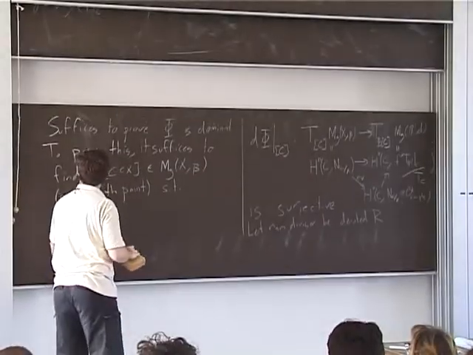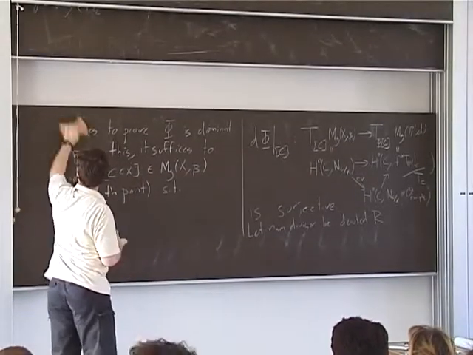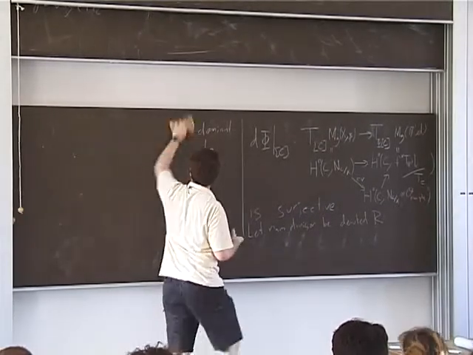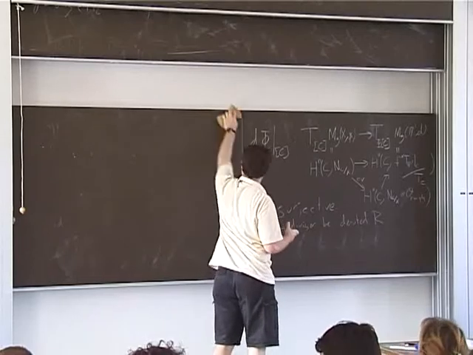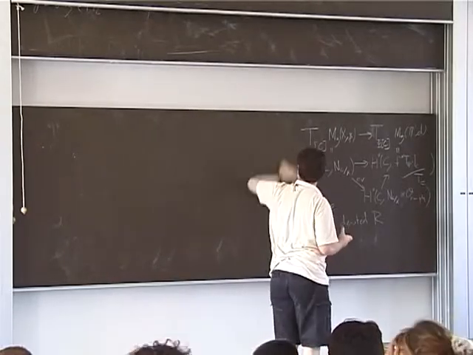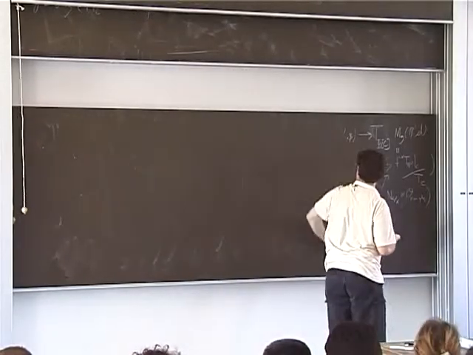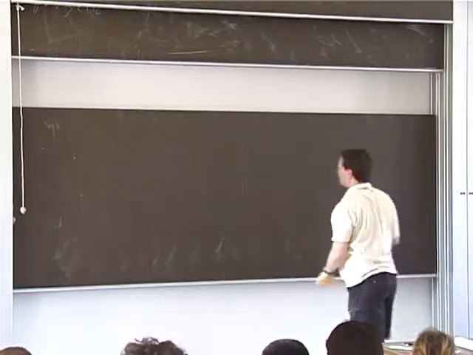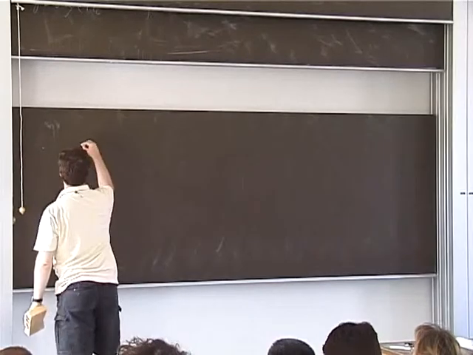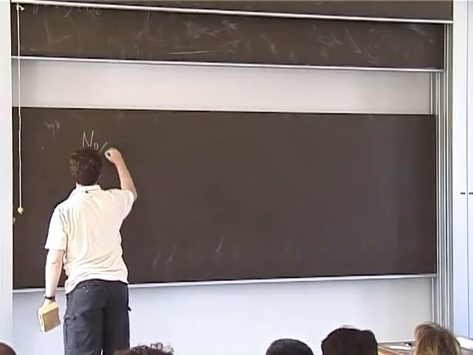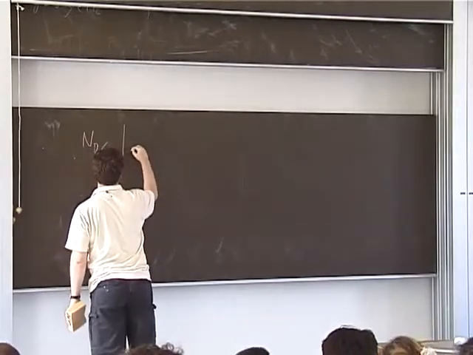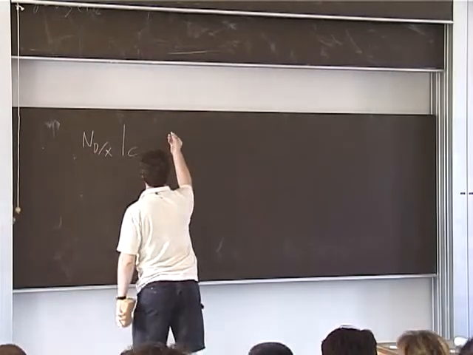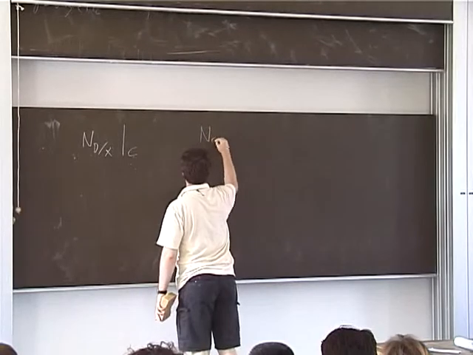The point is that it's hard to think about the normal bundle of a singular variety in a smooth variety, like the normal bundle of a union of two lines in P2. That's a degeneration of a conic. You have the normal bundles of irreducible components separately, and then you have the normal bundle of the total curve. So if we take the normal bundle of the total curve in X and restrict it to one of the irreducible components, say C, then how does this relate to the normal bundle of C in X?